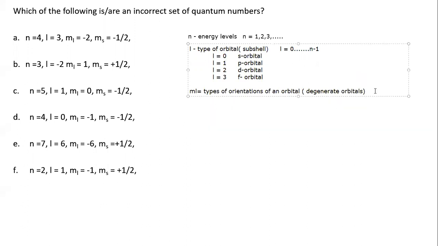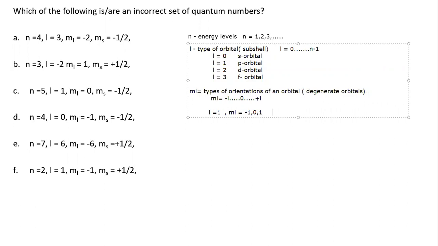And M sub L is restricted by L. M sub L can be anywhere from negative L, through 0, to positive L. So for example, if L equals 1, M sub L would be negative 1, 0, 1.